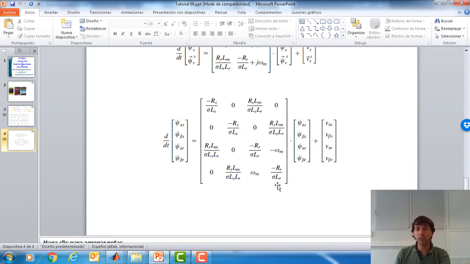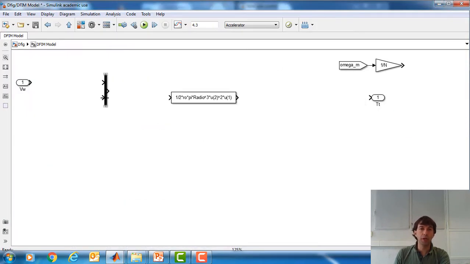Once we have this result, we are going to integrate in order to obtain the state space equation, the fluxes. So we will do it in this way.